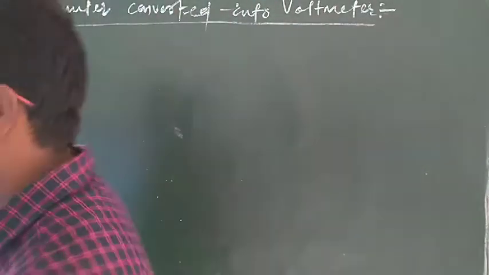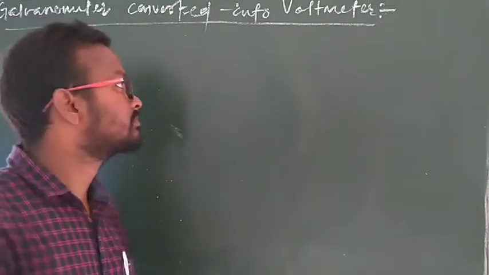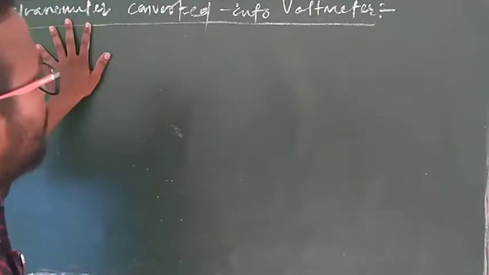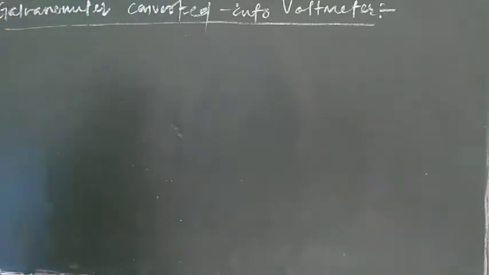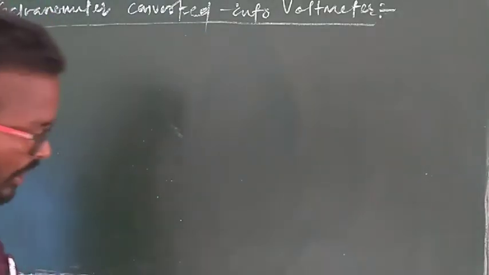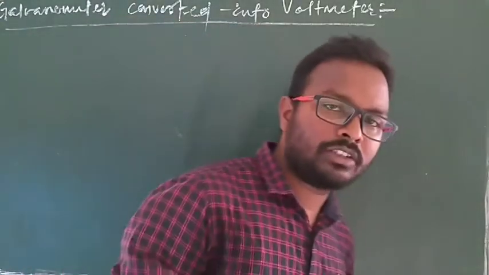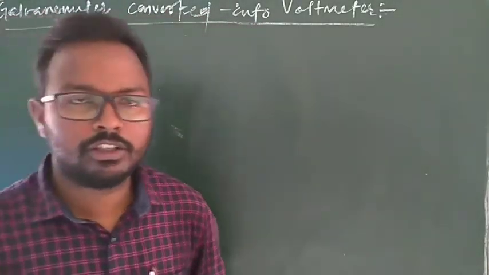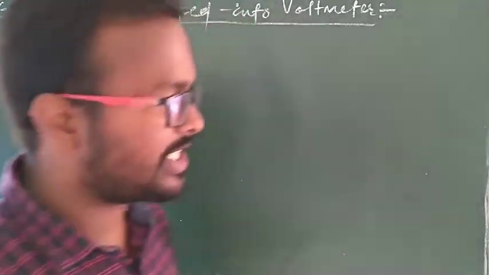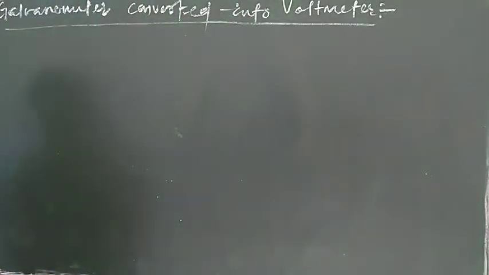Now we have to discuss how a galvanometer can be converted into a voltmeter. A voltmeter can be made from a galvanometer. So you know, a voltmeter is always connected in parallel across the circuit.